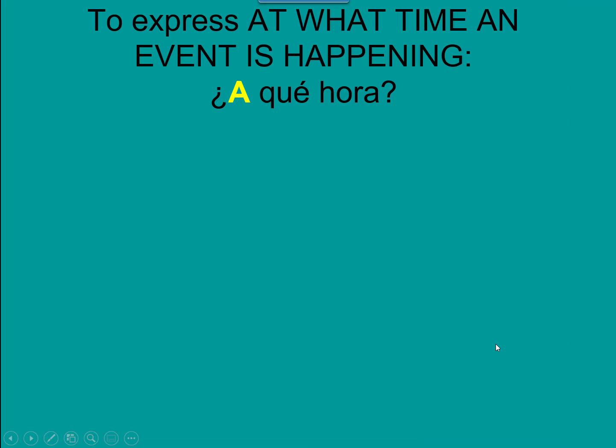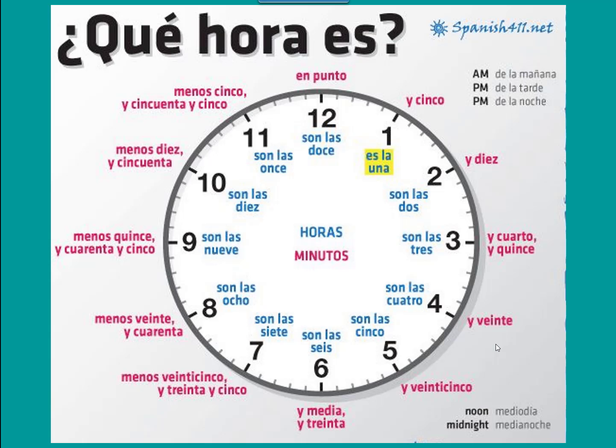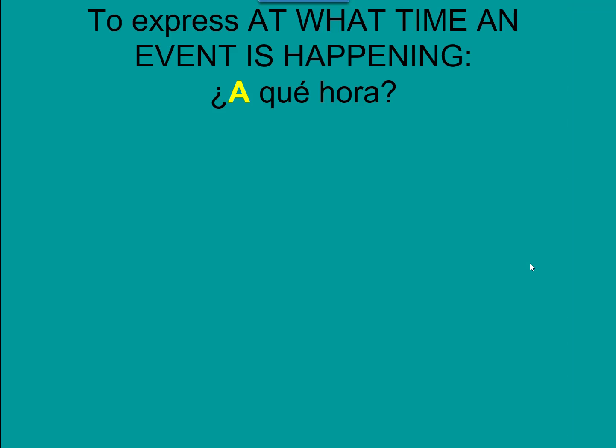Something a little bit different. So when you want to say at what time, not the time that it is right now, that's what we just covered, right? It's 1, it's 2:30, that's to express what time it is right now. But if you want to say that your class is at 3, not right now, but it's at 3, it's at 11, the concert, the party is at 5, at 7, you would use a different structure to start the sentence.